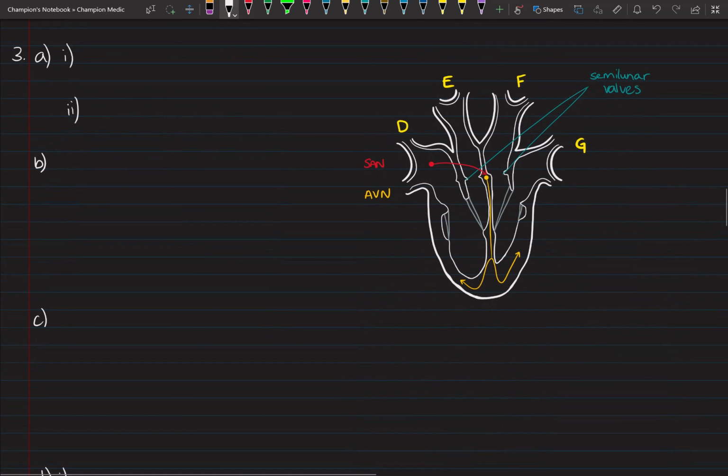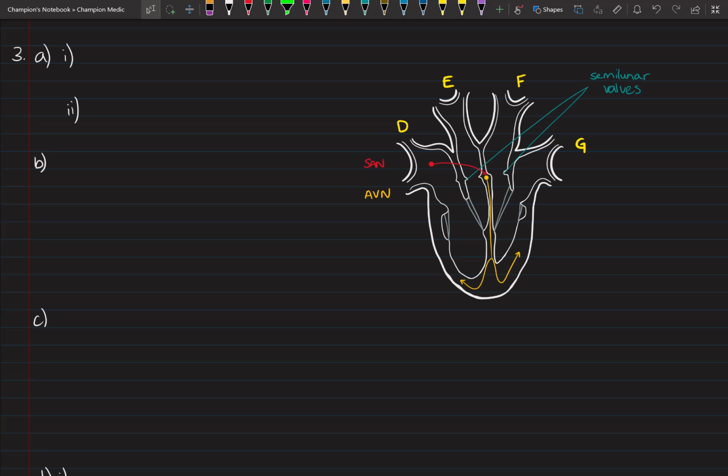3A. Biology, yeah. In 3A, we see a diagram of the heart, and part 1 is asking which of the blood vessels, from D to G, carries oxygenated blood to the heart. If blood is being carried to the heart, it's only carried in the veins.